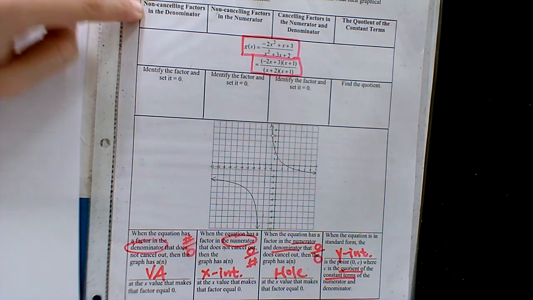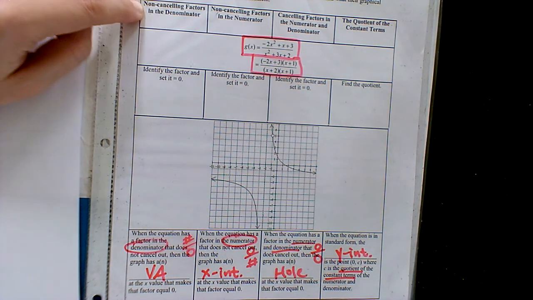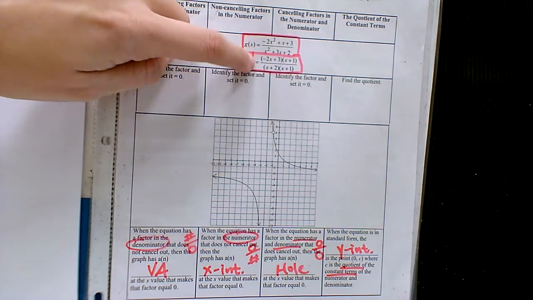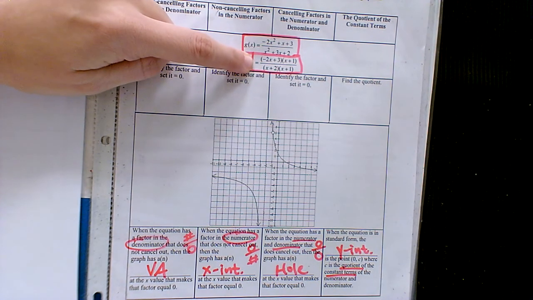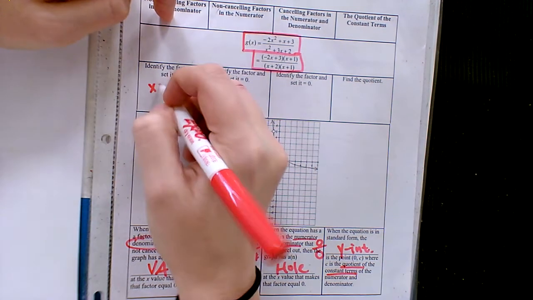So for these canceling factors in the denominator, okay, the ones that would be left over, take a look at the factors. Which bottom factor does not cancel out? Go ahead, Caitlin. The x plus 2.